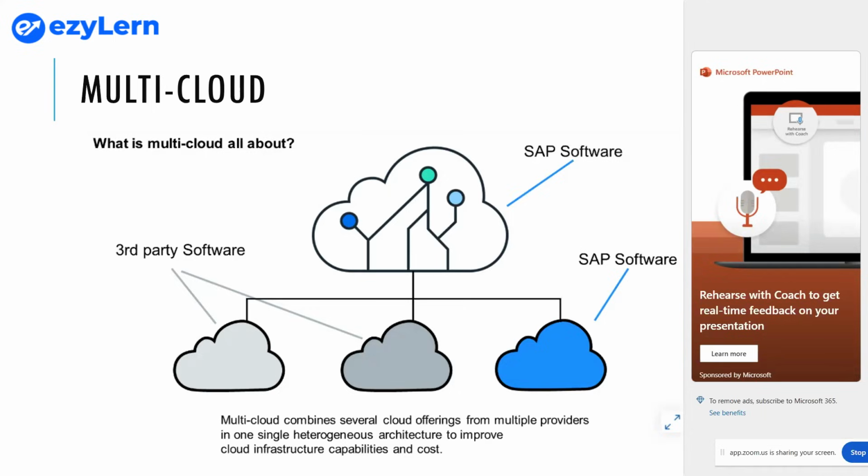So that is what it is about multi-cloud. Like I said before, there are well-known hyperscalers: AWS, Microsoft Azure, GCP, and Alibaba Cloud. There are even more cloud providers that might have hyperscaler-approached architectures.